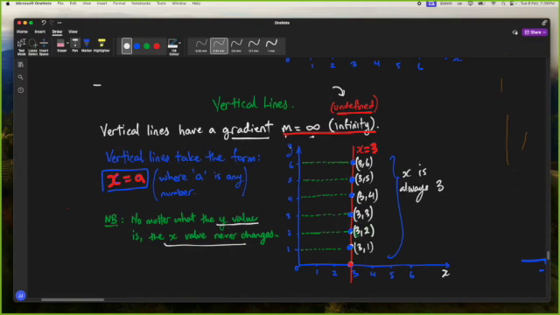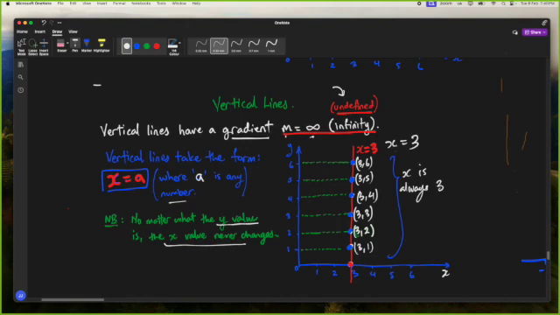Vertical lines take the form x is equal to a, where a is a number, right? So if we notice here, this is the line x is equal to 3.